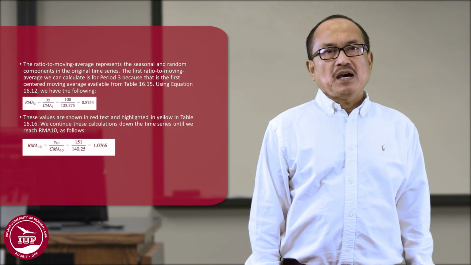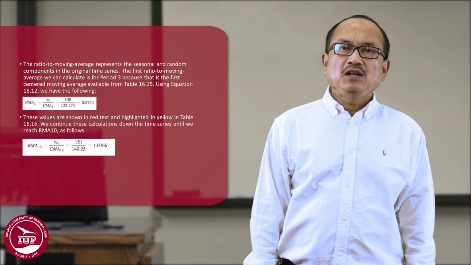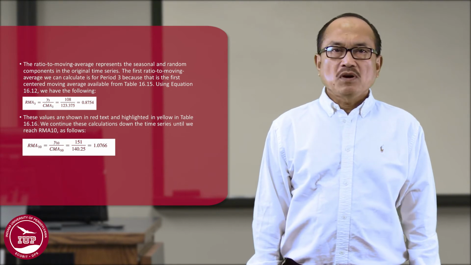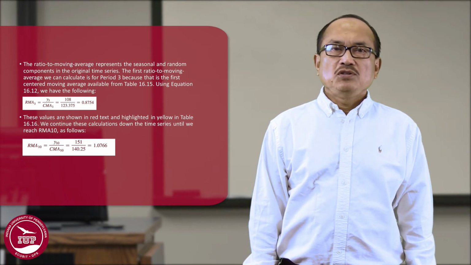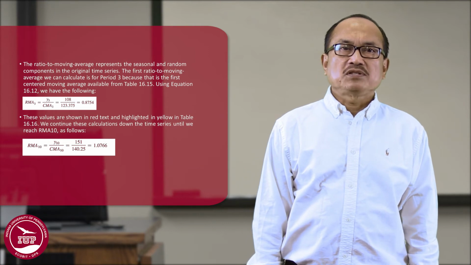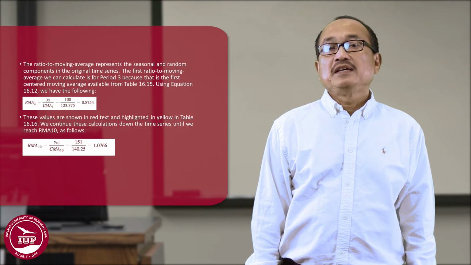These values are shown in red text and highlighted in yellow in table 16.16. We continue this calculation down the time series. RMA_10 is equal to 1.0766.